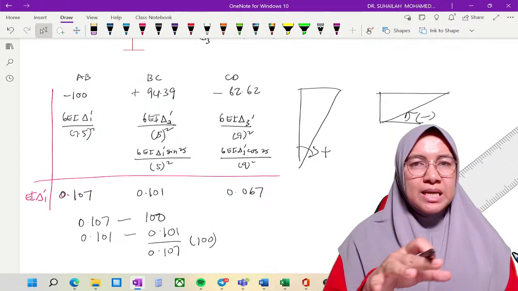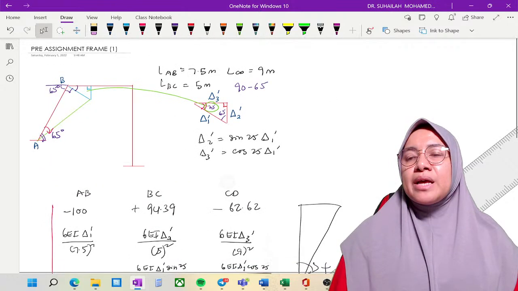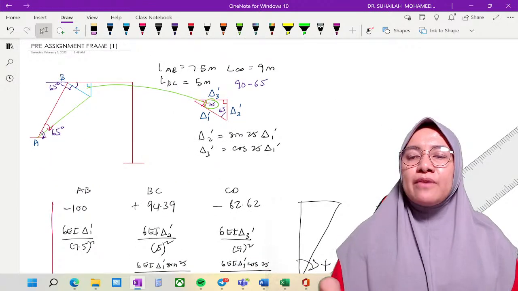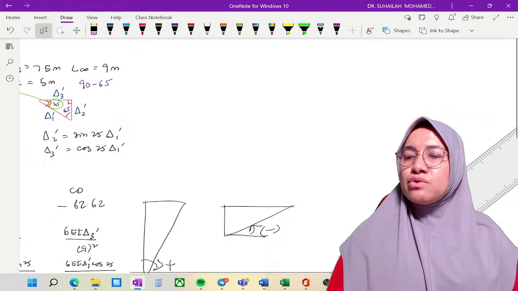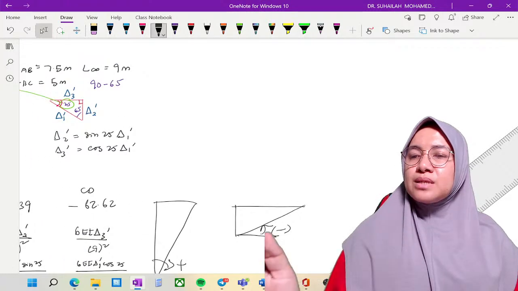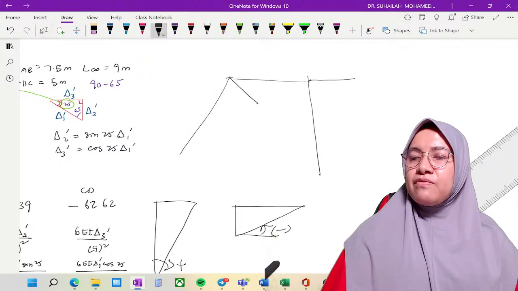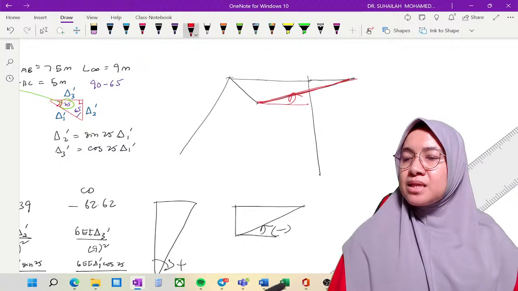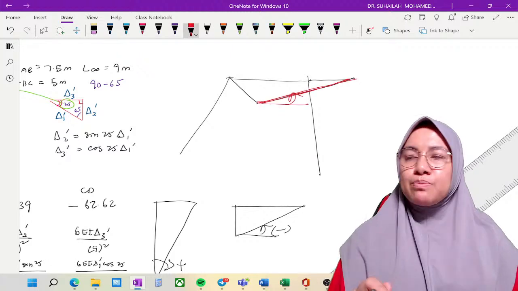It is interpolation to calculate FEM for BC and for CD. Basically, for this frame, it deflects like this, so the beam will be like this. This is the new position of the beam. That is why the angle is negative and FEM must be positive. For CD, the angle is positive, FEM is negative.